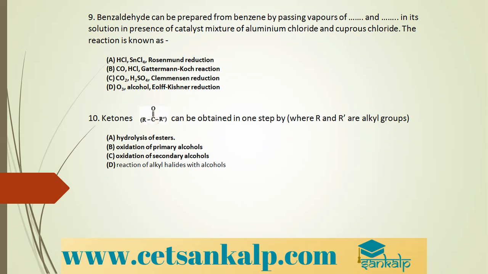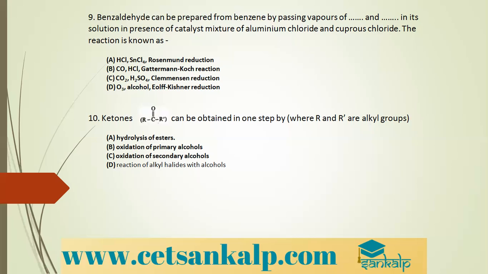Whereas, if you want to carry out oxidation of secondary alcohols to ketones only, then we are going to go for a selective reagent, that is Jones reagent, which is chromic anhydride in water, chromic acid, chromic oxide in acetone or chromic oxide in sulfuric acid.